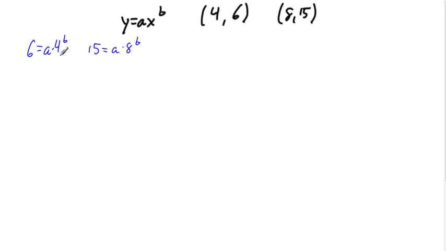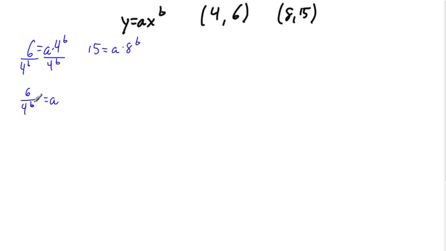Trying to solve for b here would be difficult, and I'd have a logarithm, and then putting it back in here would just make things really messy. So I'm actually going to solve for a, and I'm going to do that by dividing both sides by 4 to the b power. So I get 6 over 4 to the b equals a.